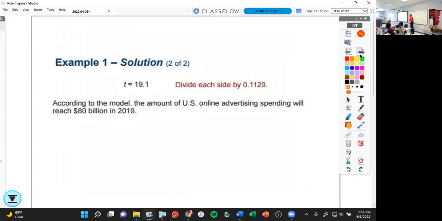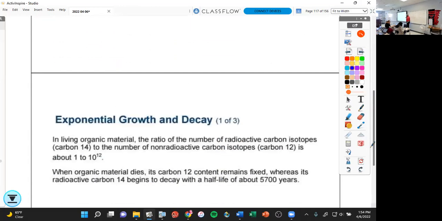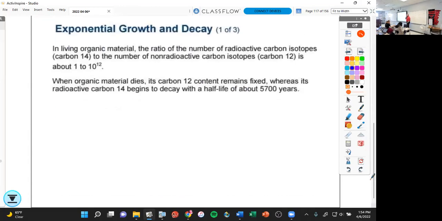They get about 19.1. So according to the data given to us, advertising spending will reach 80 billion in 2019.